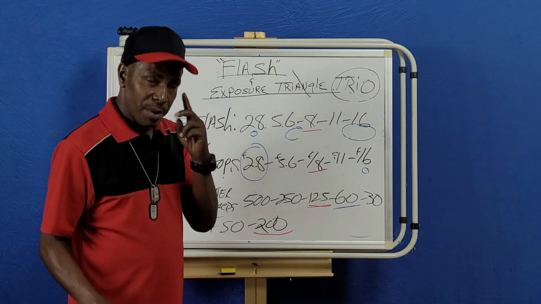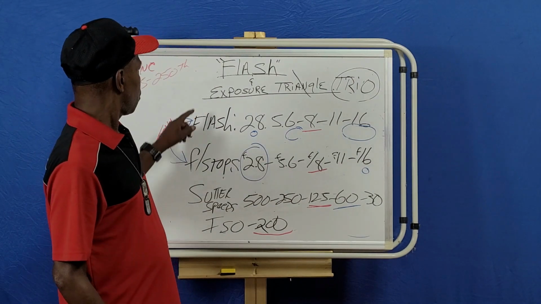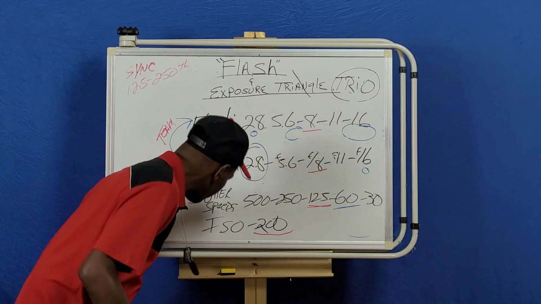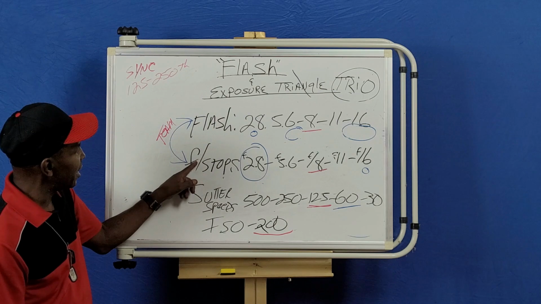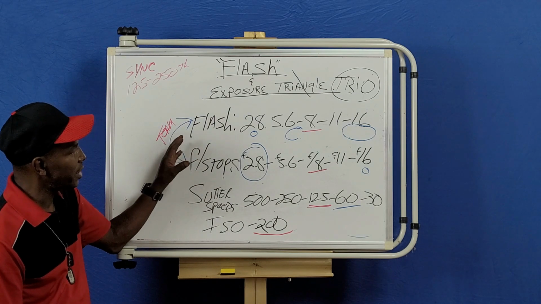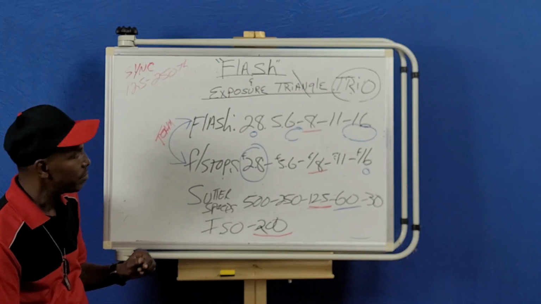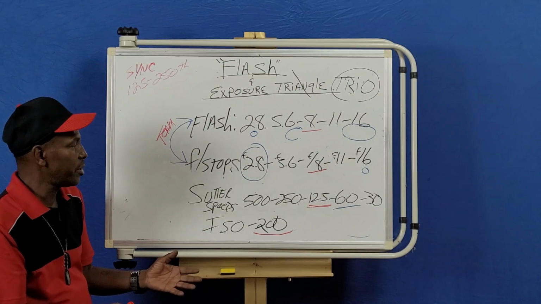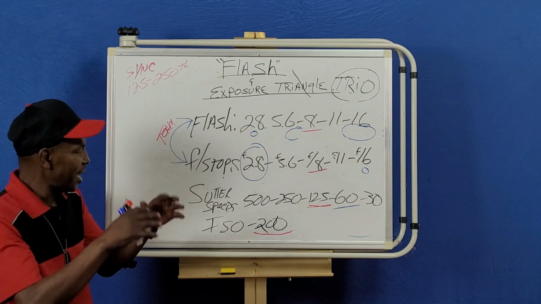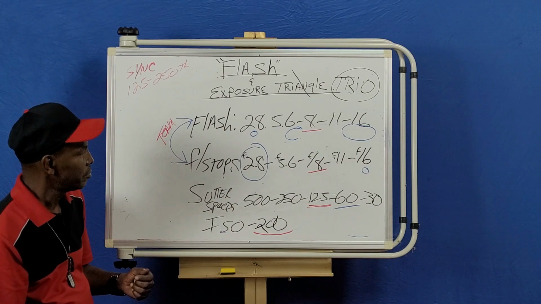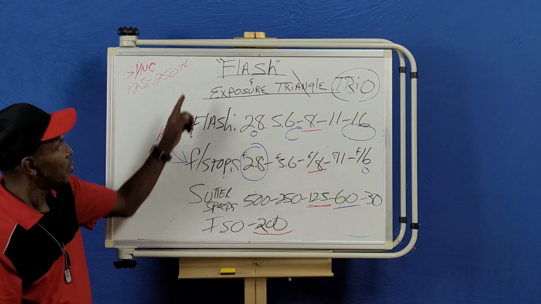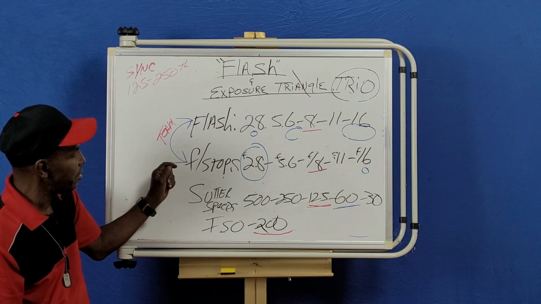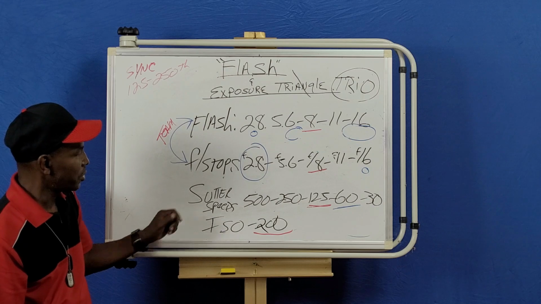But if you could just remember one thing, once you turn the flash on, the flash and the f-stop team up, work together to expose your subject. Now your shutter speed exposes the rest of the scenery, the ambient light from the background. So if you can just remember that, once you turn that flash on, the flash and the f-stops team up, work together, and the shutter speed exposes your background.